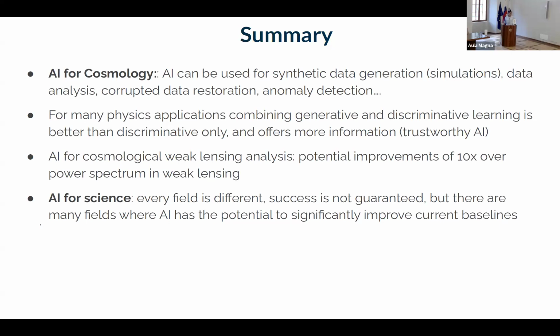So certainly success is not guaranteed. But still, there are many fields where AI has at least the potential to significantly improve current baselines. And so obviously, this is the point of this workshop, to explore where AI and machine learning can be applied in the physical sciences and other sciences. And I'm looking forward to more discussions about that. Thank you.